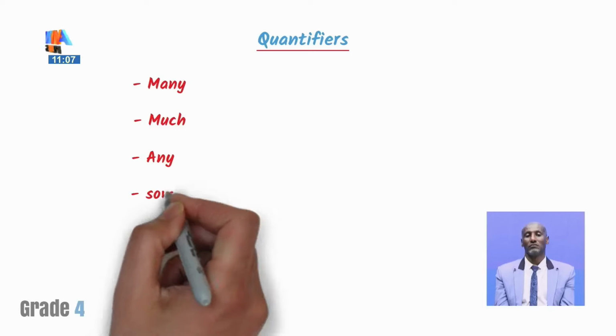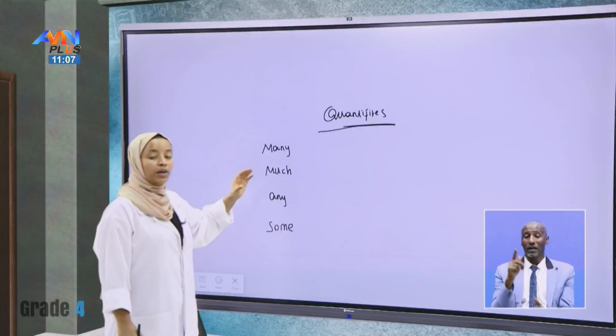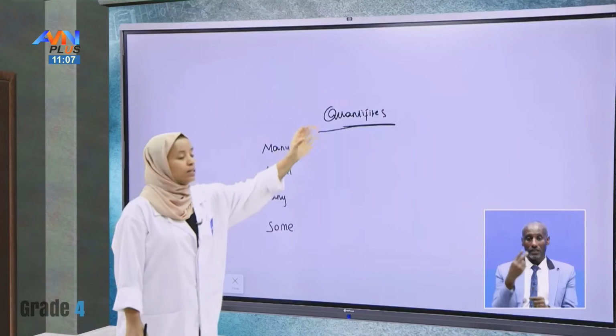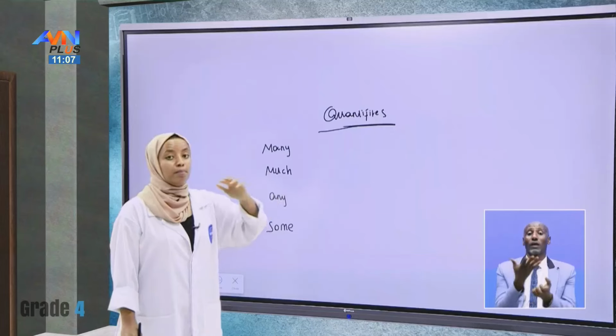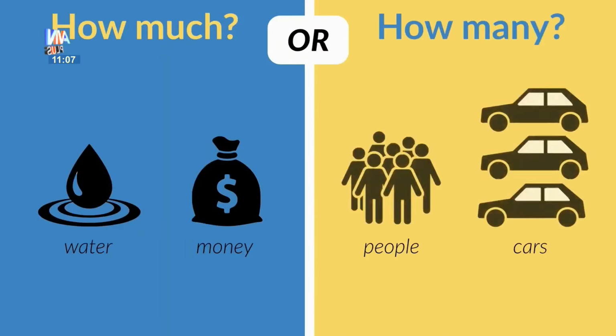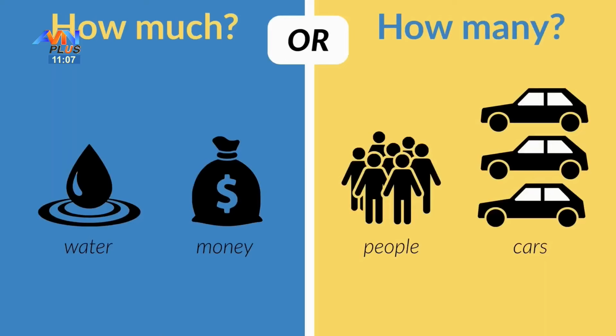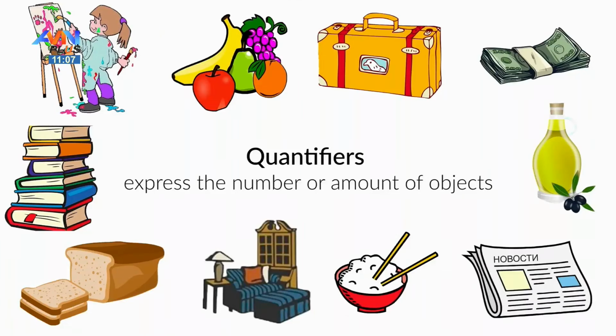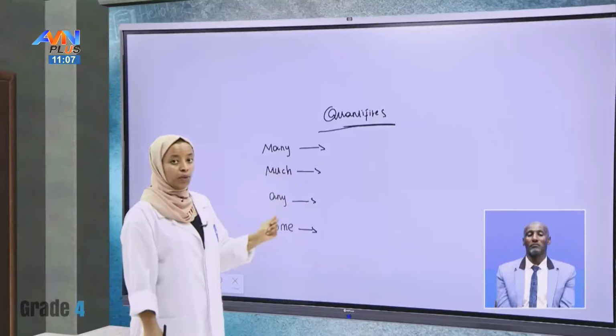These are words we can use as quantifiers, with countable or uncountable nouns. Let me show you what the difference between them is.